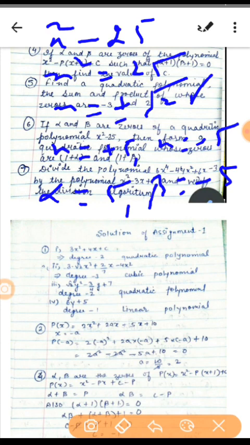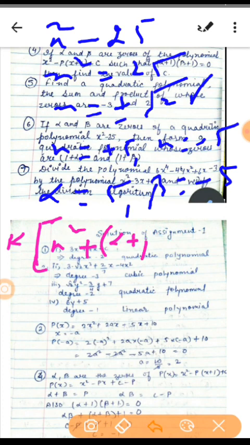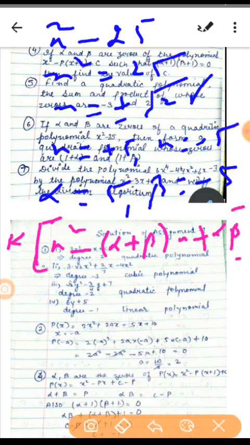Okay, so our formula is k into x square minus alpha plus beta into x plus alpha beta. This is our formula, right?